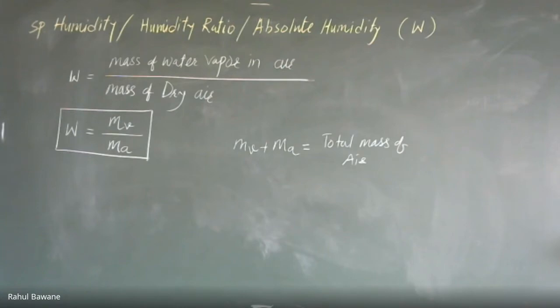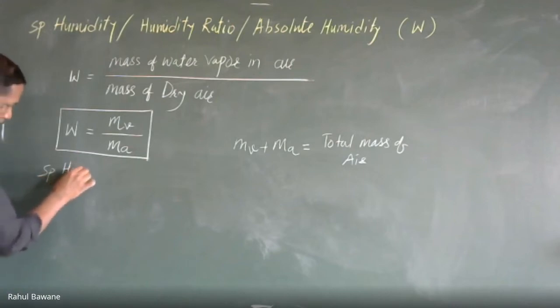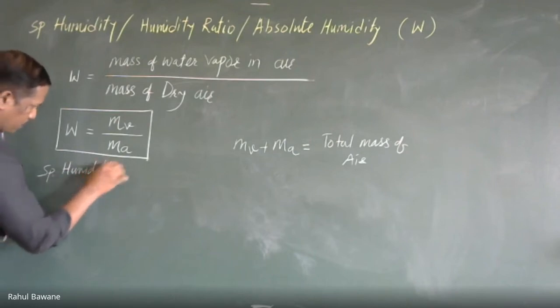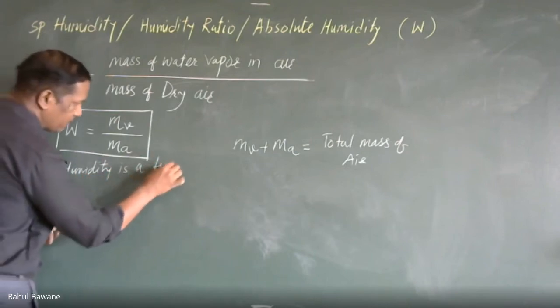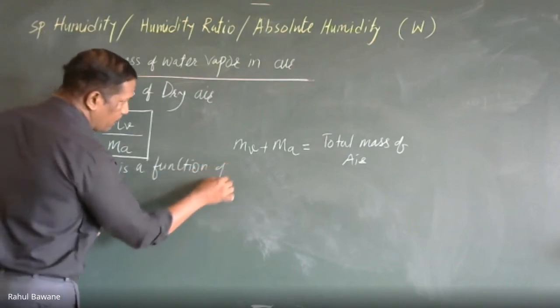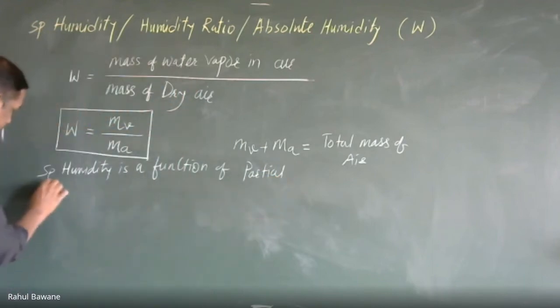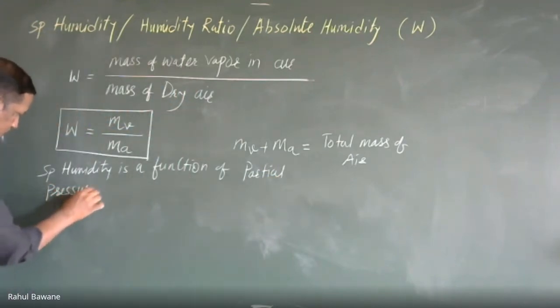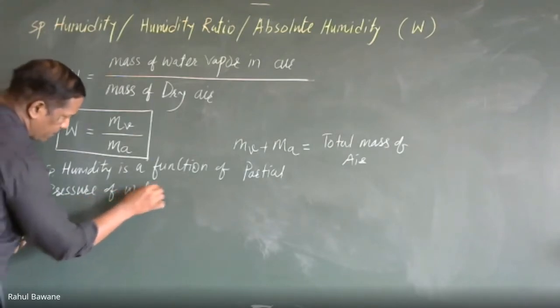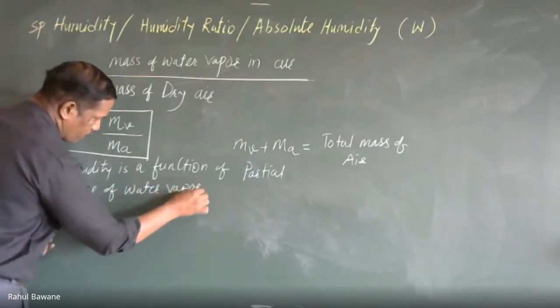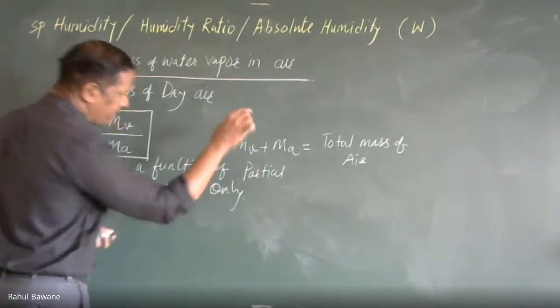Now, many times it is said that the specific humidity is a function of the partial pressure of water vapors only. So, specific humidity is a function of partial pressure of water vapor only.